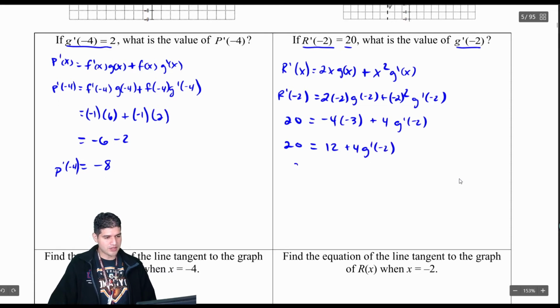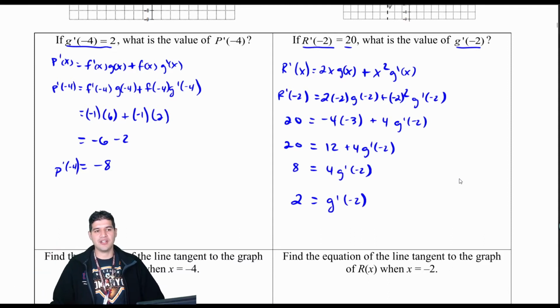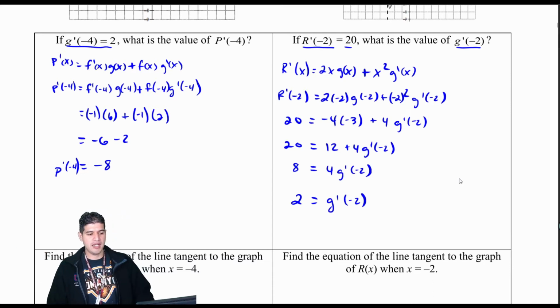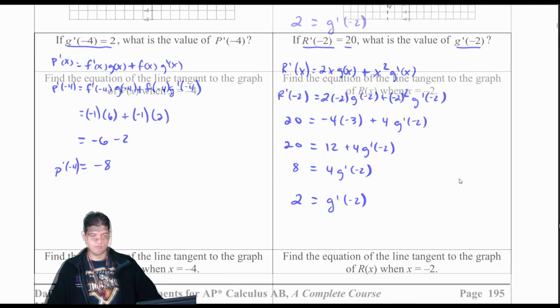All right, so subtract 12. So 8 equals 4 times g prime of negative 2. So now divide by 4, and I'm going to get 2 equals g prime of negative 2. And that is going to be our value for g prime of negative 2. We now know, because we were given some information about r prime, that g prime of negative 2 is going to come out to be 2.